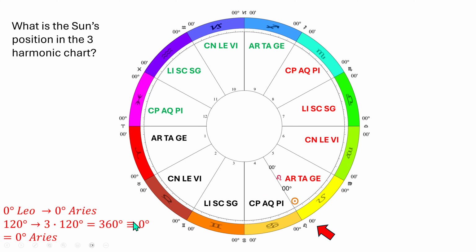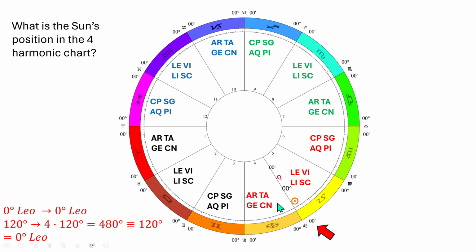And these 3 lines here mean not equal, but is equivalent to. Okay, so in our clock arithmetic, 360 degrees is equivalent to 0 degrees, which will be 0 degrees Aries. And we always want to reduce our angles via clock arithmetic to something that's greater than or equal to 0 degrees, but strictly less than 360 degrees.